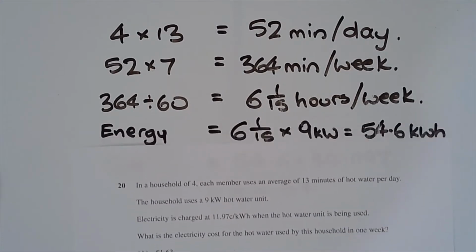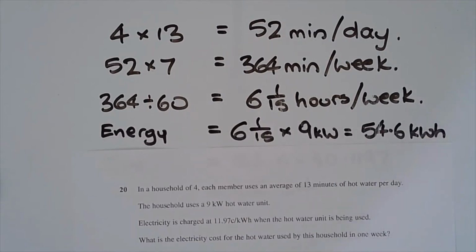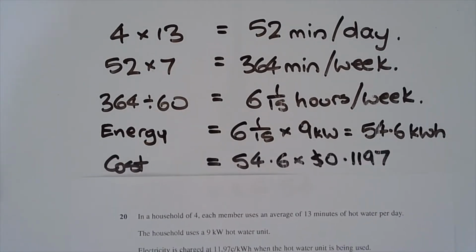The next thing we need to work out is the energy consumed. That's in kilowatt hours. So we take the number of hours used, multiply that by the power rating of the unit itself. So 6 1/15 multiplied by 9 kilowatts is equal to 54.6 kilowatt hours. The final thing we need to work out is the cost.